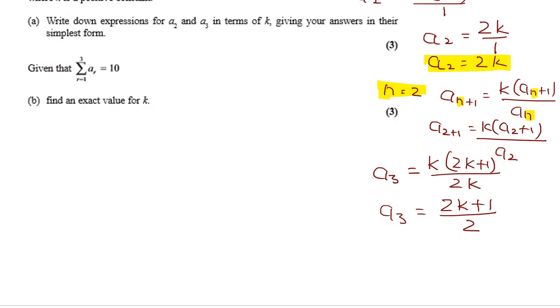Now part b. Given that the sum from r is equal to 1 to 3 of ar is equal to 10, find the exact value of k.